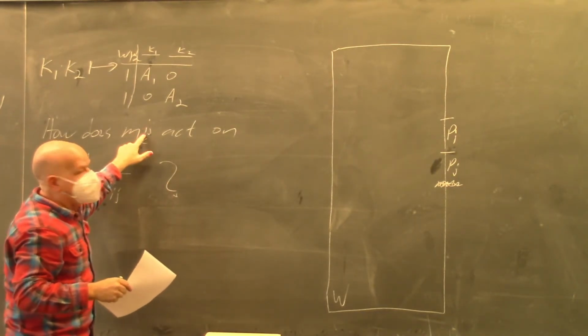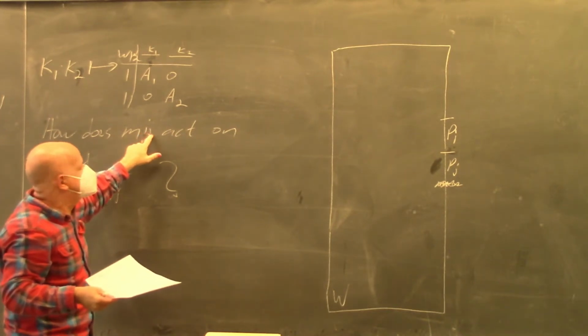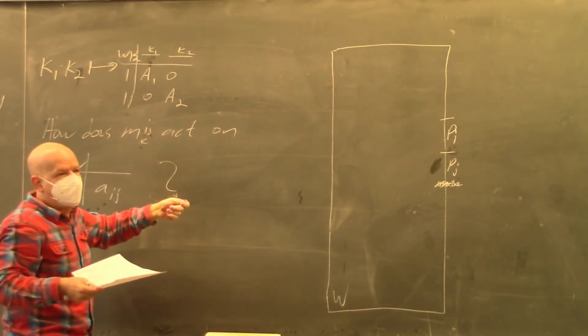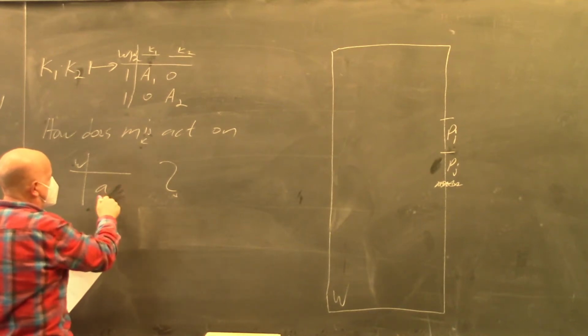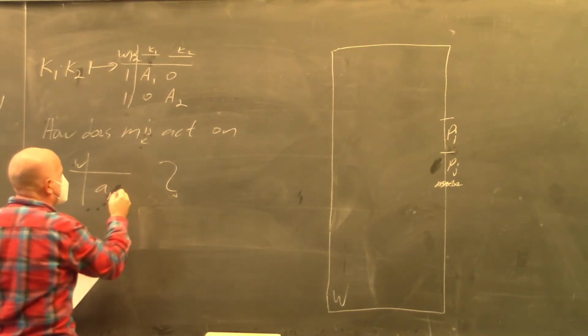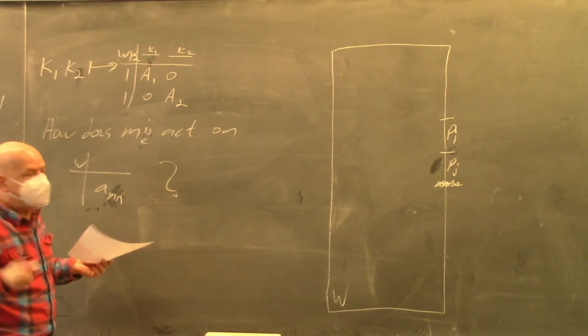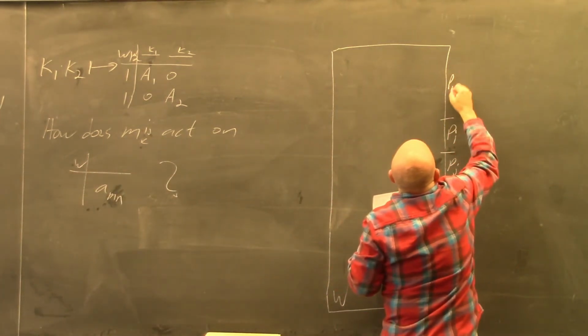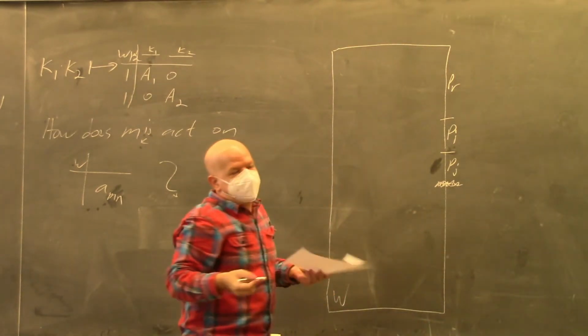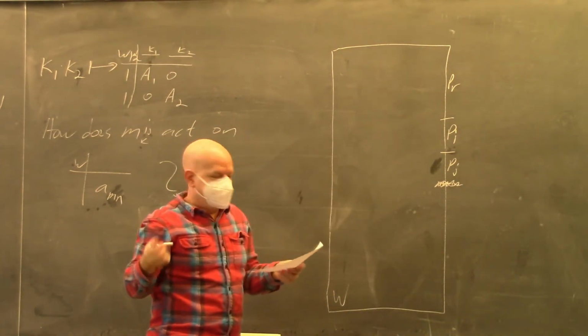So the letters PI and PJ play a special role. And maybe just to avoid confusion, I shouldn't have called it AIJ, I should have called it AMN. Let's use different letters. And then there are the rest, just all the other P's. Okay?